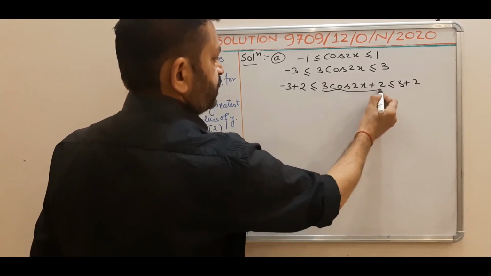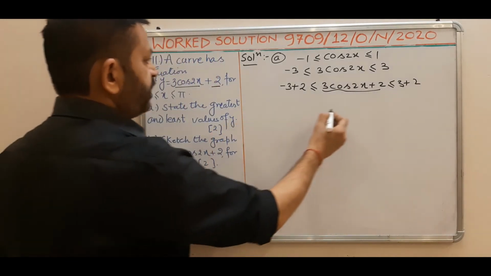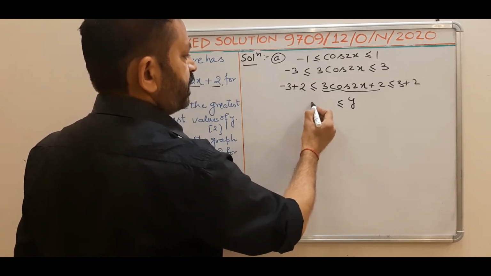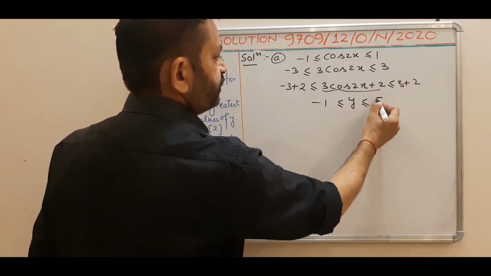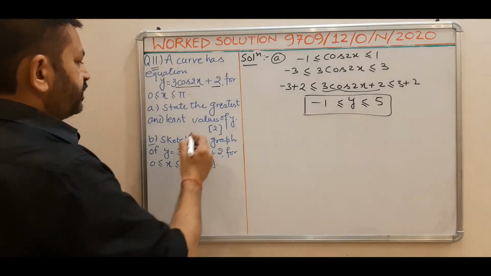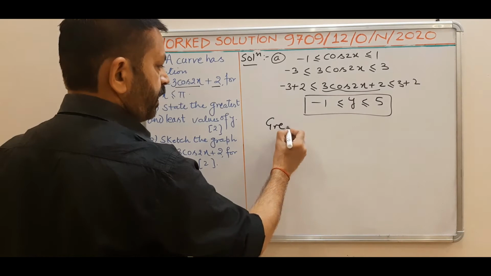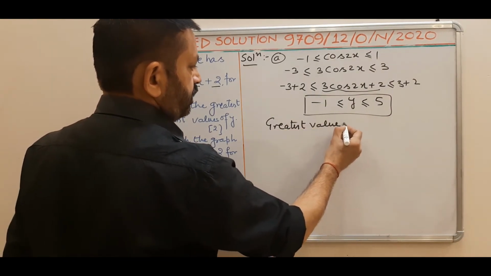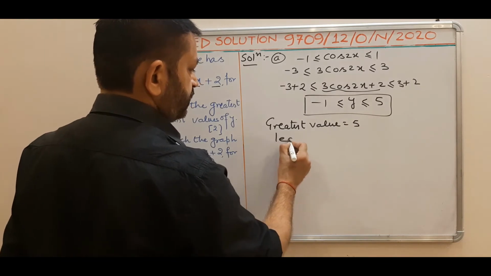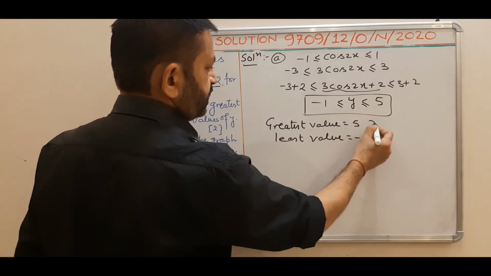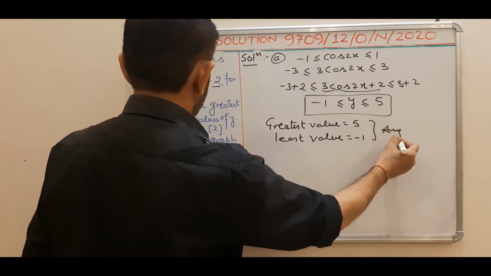So this is the value of the function, that is y. It is greater than or equal to minus 1 and less than or equal to 5. So these are the greatest and least values of y. The greatest value will be 5 and the least value is minus 1. This is the answer for the first part.